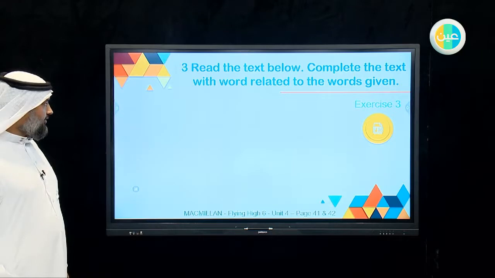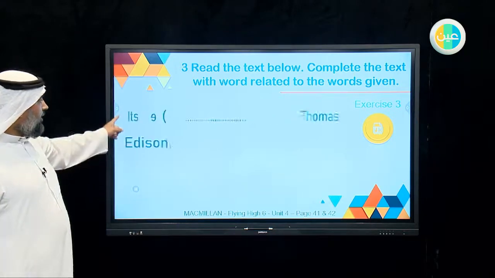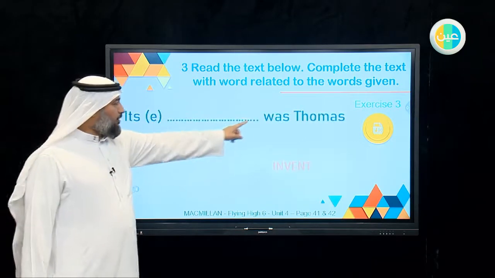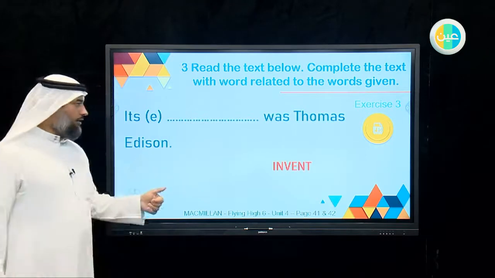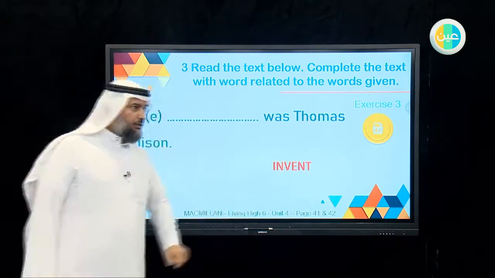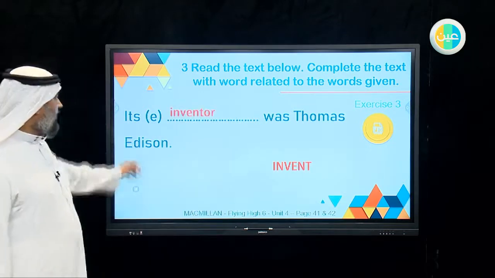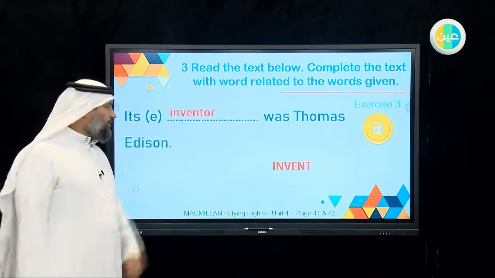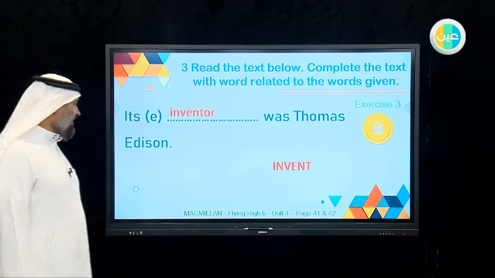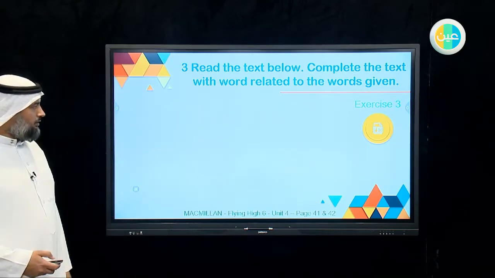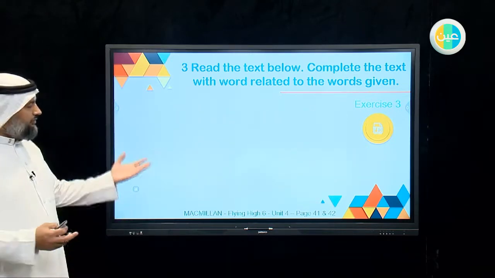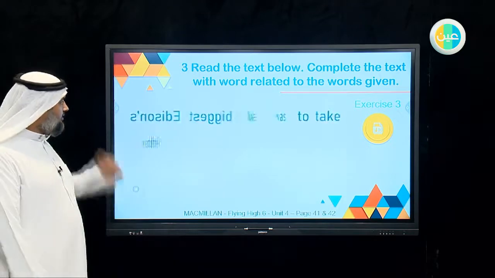The next one is, its space was Thomas Edison. Invent. So he's talking about a person now. Say it's inventor. Inventor. Was Thomas Edison. Some people say that it's not Thomas Edison, but we'll see.